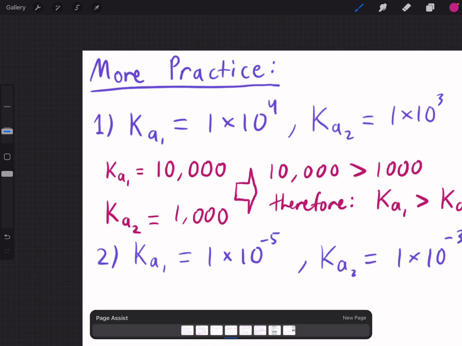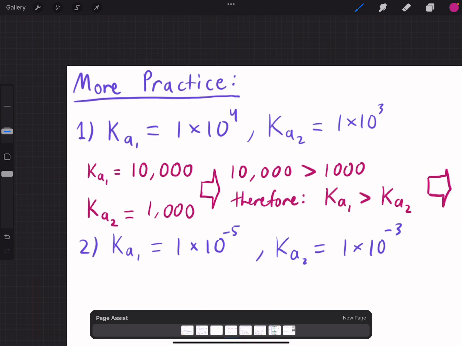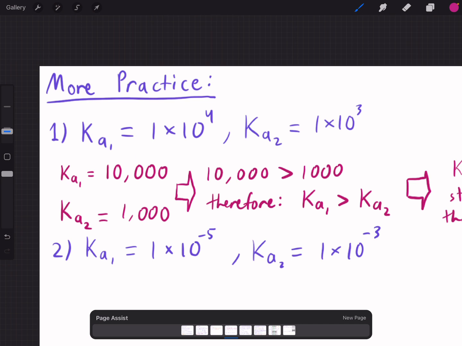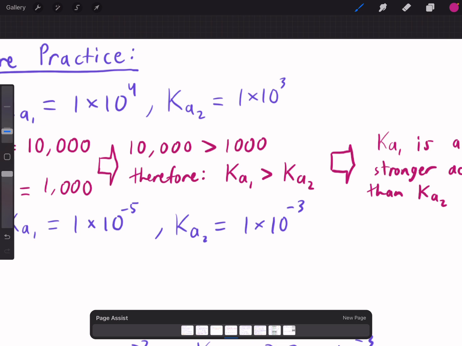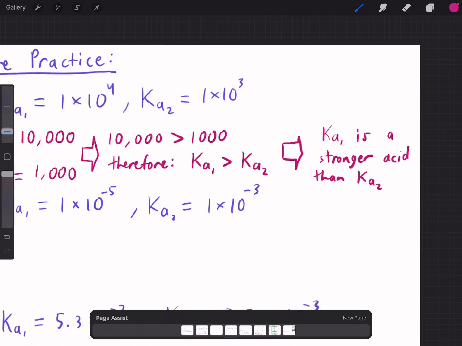So Ka1 is about 10,000, Ka2 is 1,000. Make sure you do know how to read the scientific notation because we will primarily give it to you in that way, not written out as 10,000 or 1,000. But we know that 10,000 is greater than 1,000, so Ka1 is greater than Ka2. And since Ka1 is a larger number than Ka2, it is also a stronger acid than Ka2.